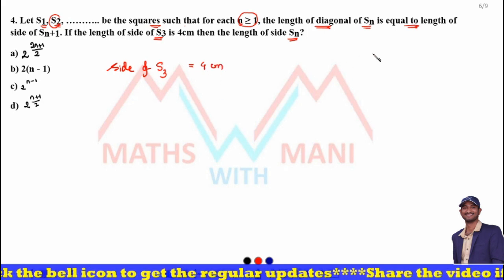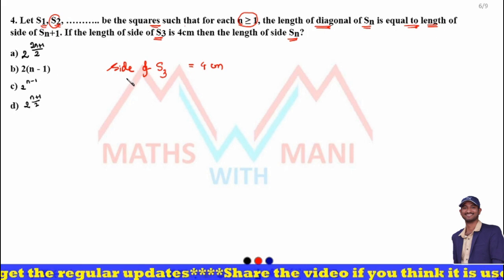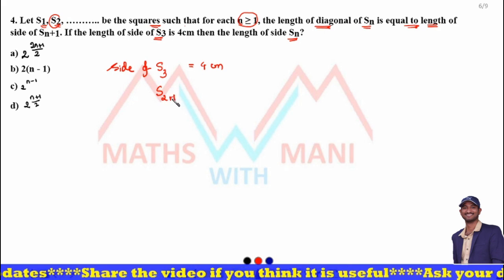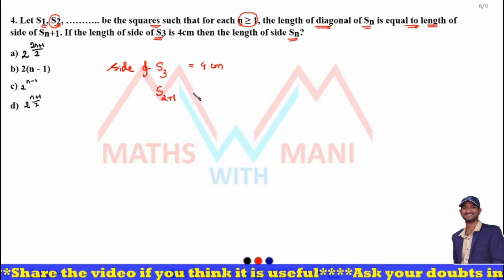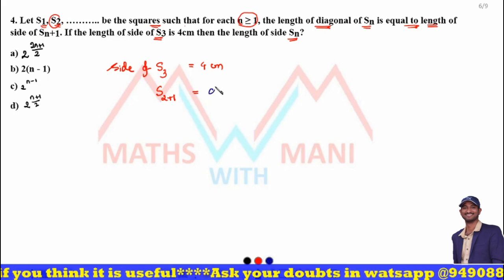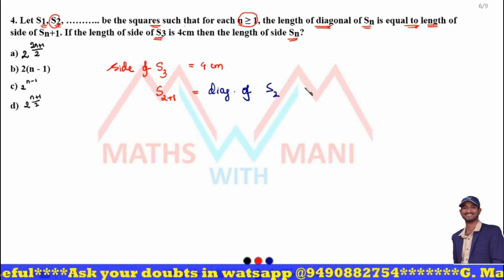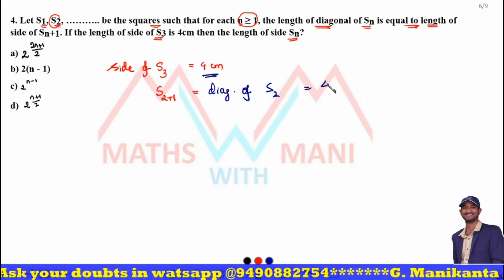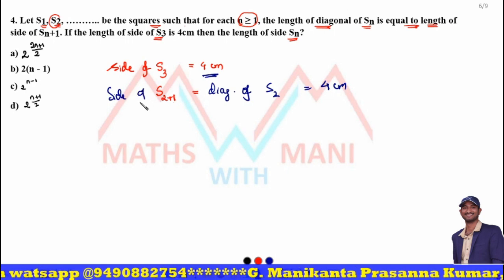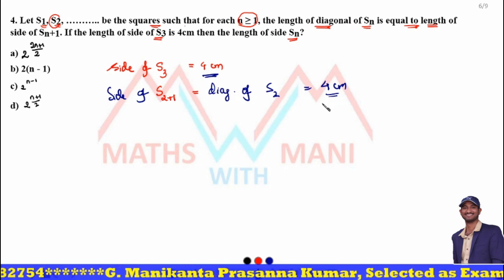But please remember the length of side Sn plus 1, that is S3, can be written as S2 plus 1. Yes or no? This side is equal to the diagonal of S2, which is given as 4 centimeters.